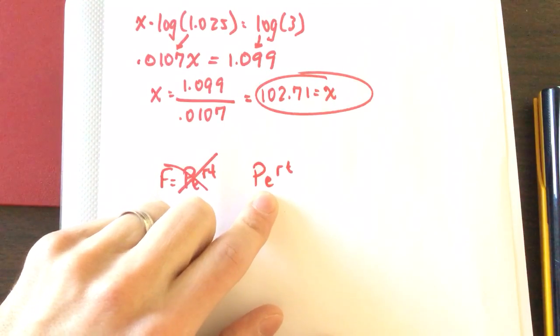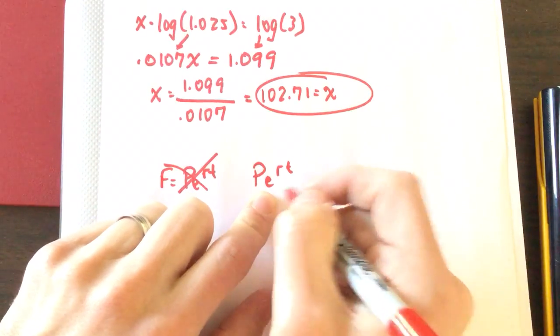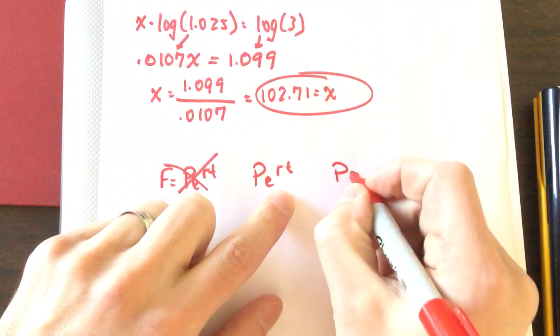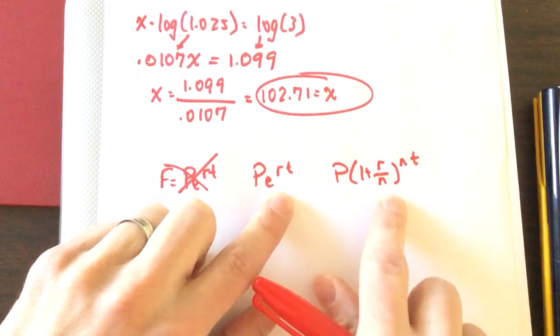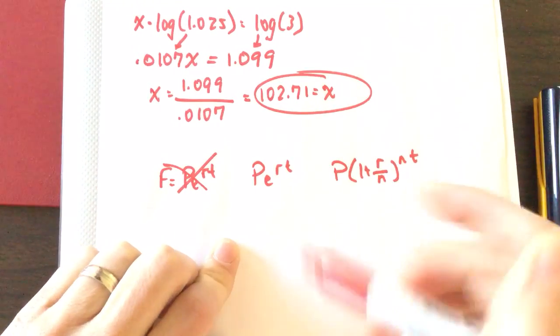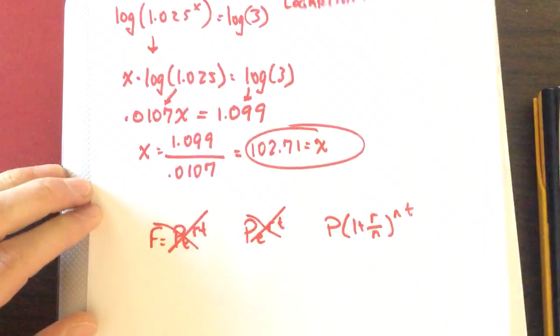This class is discrete, not continuous. So we're going to be using the compound interest formula you've seen before, 1 plus r over n to the nt. Discrete, continuous. We are discrete math. No continuous. Okay. All right.